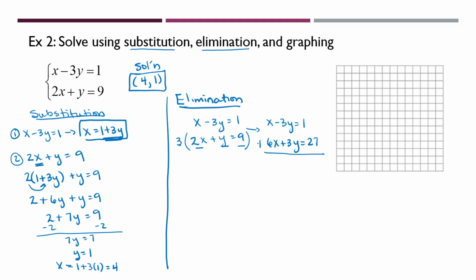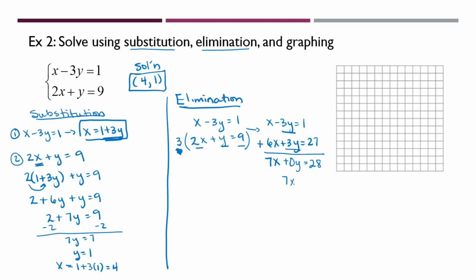Then we're going to add these equations together. So I get 7x plus 0y equals 28. Notice I have a negative 3 and a positive 3. That was the reason we multiplied by 3 to begin with. I needed the y's to have the same coefficient with opposite signs.